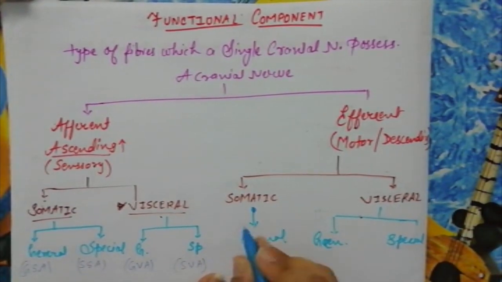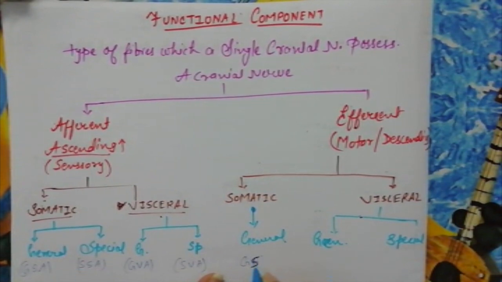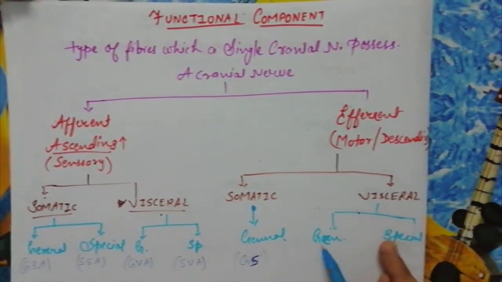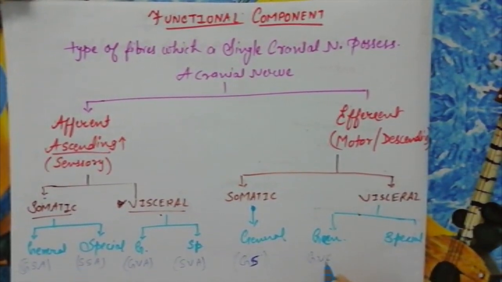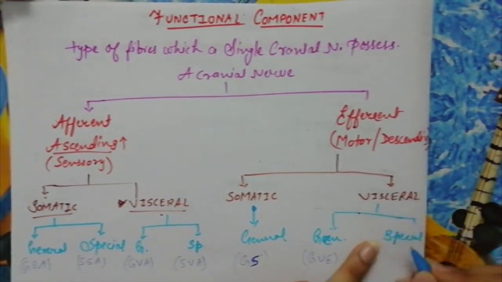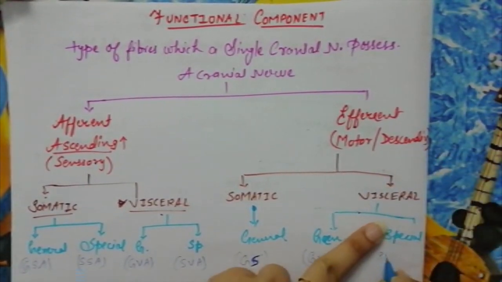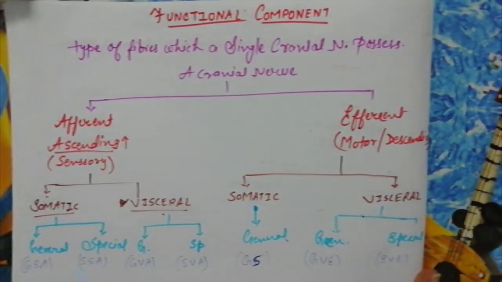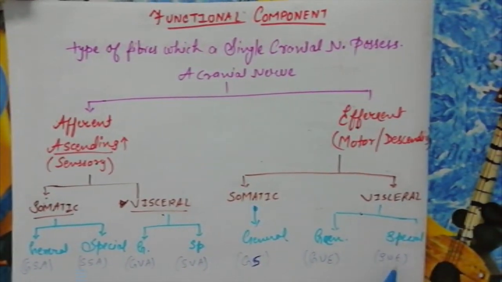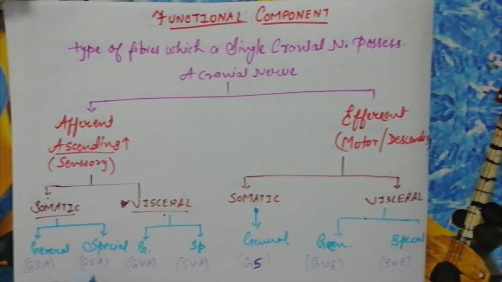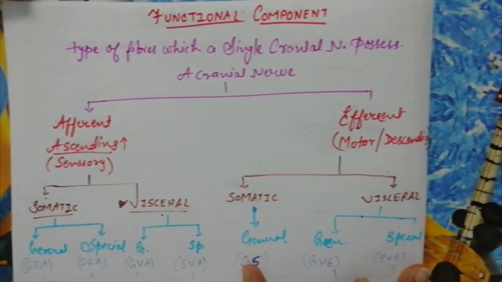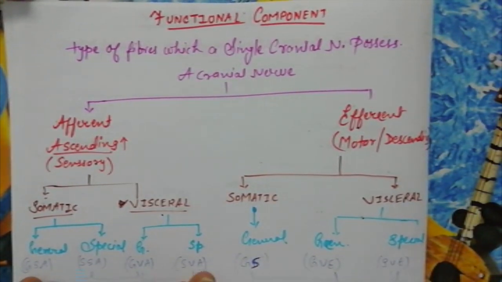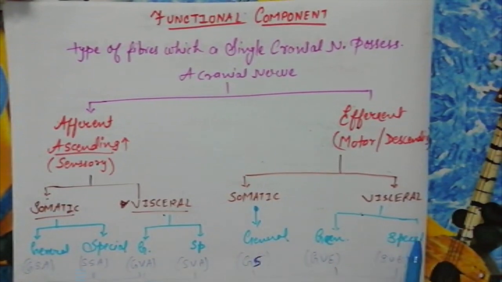This is only general somatic, so GSE. And general visceral efferent, and special visceral efferent. So these are the 7 functional components. These 4 are the afferents and 3 are the efferents.